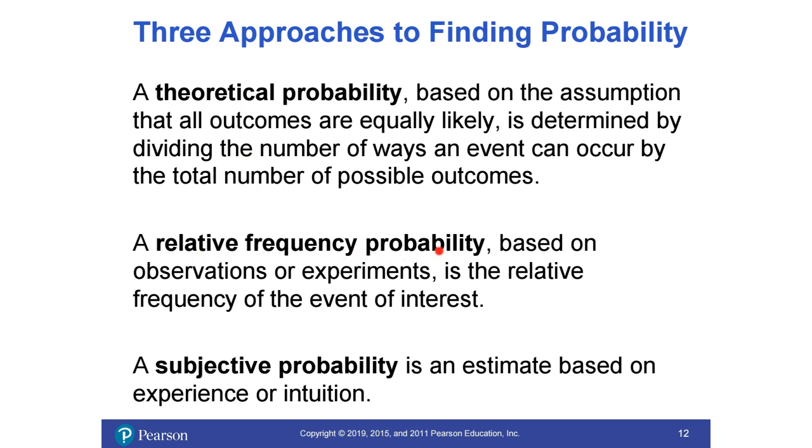Relative frequency probability, this is based on observations or experiments, and it is the relative frequency of the event of interest. That is, you count the number of ways your event was observed and divide by the total number of observations. And last, like I said, is subjective probability based on experience or intuition.